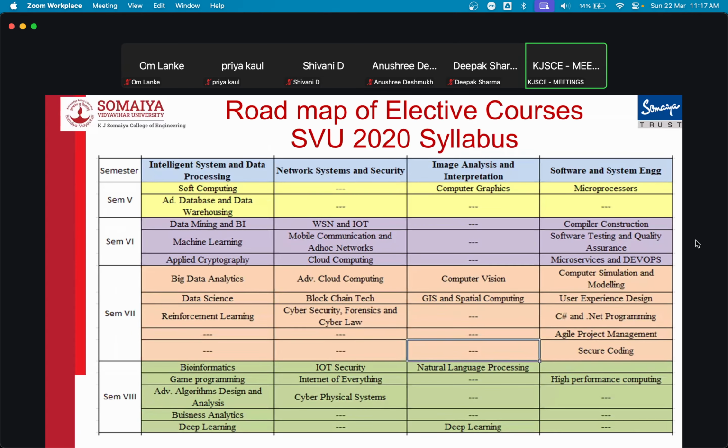This roadmap I have already shown you earlier as well, so you are well aware of the different courses. We have considered four important domains of computer engineering: intelligent system and data processing, network security and systems, image analysis and interpretation, and software and system engineering.